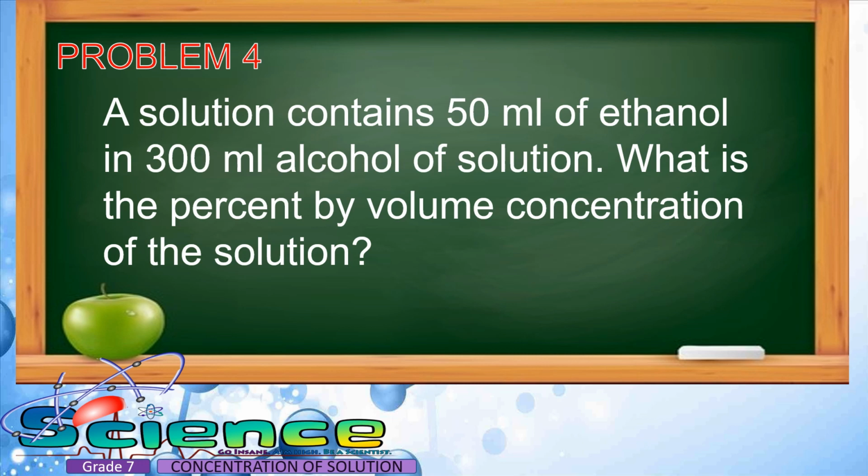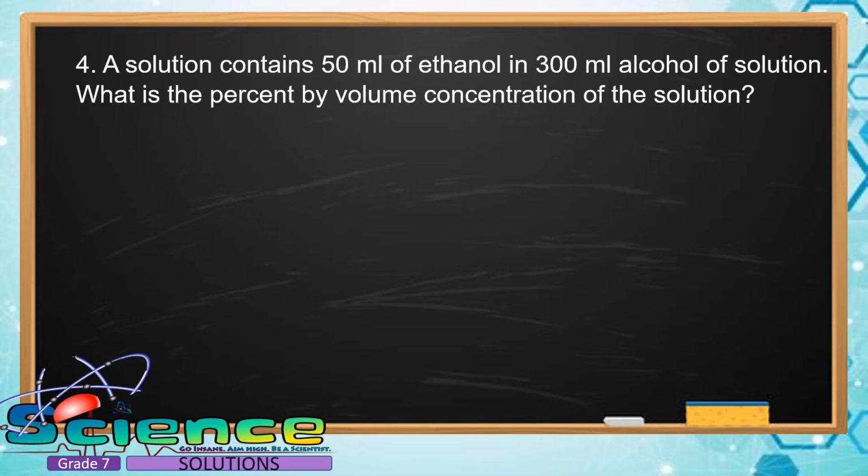Problem number 4. A salt solution contains 50 ml of ethanol in 300 ml of alcohol solution. What is the percent by volume concentration of the solution? Again, before we try to solve the problem, we must first identify what are given, what is being asked or required, and what formula we are going to use.